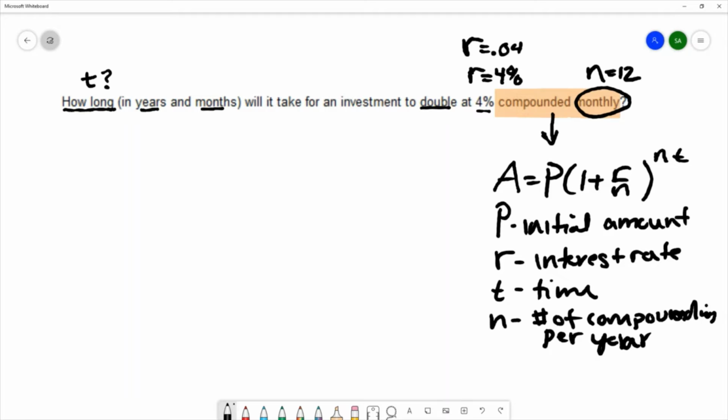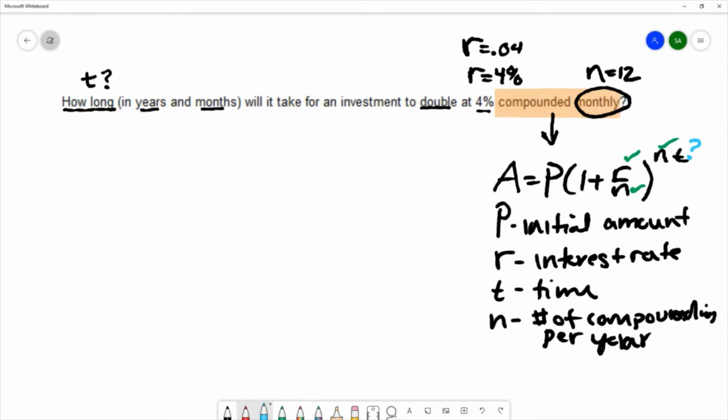As I look at these numbers that are given, I'm going to go through my formula and notice that I was given the interest rate, I was given N, the number of compoundings, and T is my unknown quantity, so that's a question mark, and we're trying to solve for that.